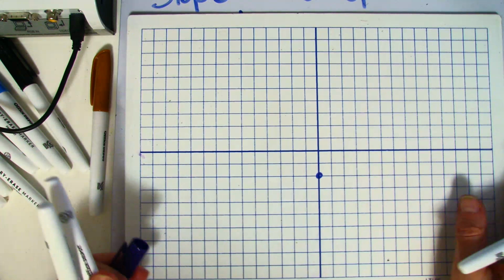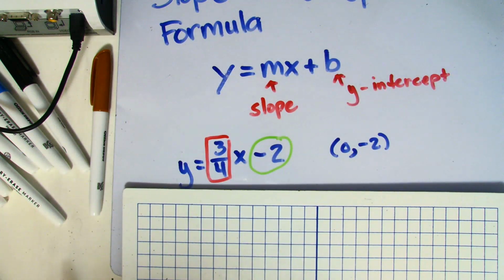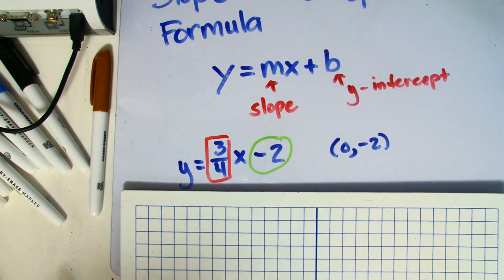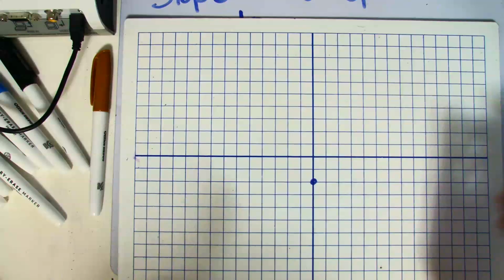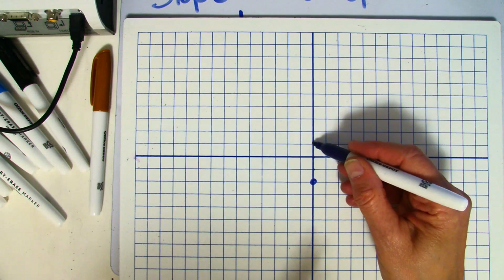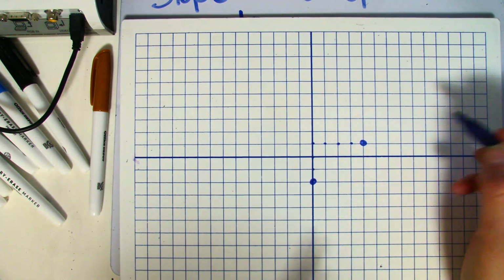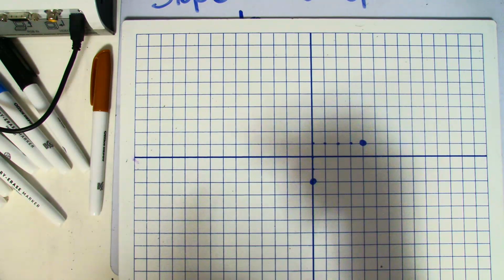Okay, now we're going to use slope to create another point, and our slope is a positive 3 over 4. So that means we're going to go up 3 and to the right 4. 1, 2, 3, 1, 2, 3, 4. And so there's our second point.